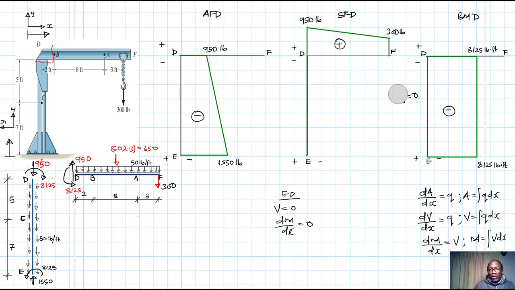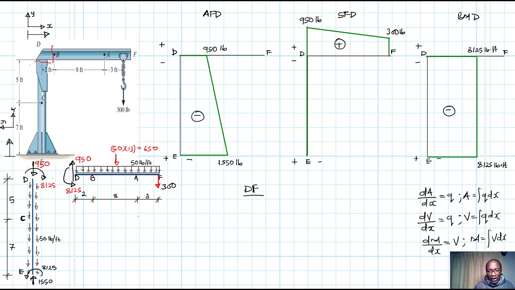So then let's look at what we have from D to F. From D to F, what are the boundary conditions? From D to F, we have counterclockwise of 8125. What did we say? So this one, what we have here is a positive one, so we have to go to what? To a negative one, right?